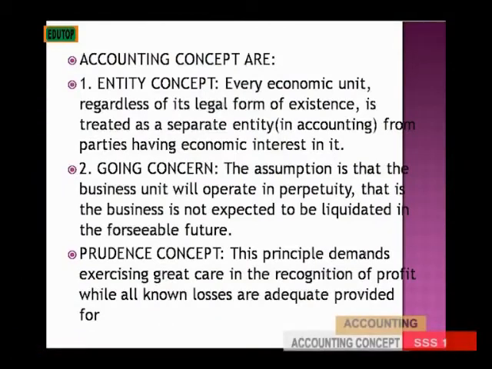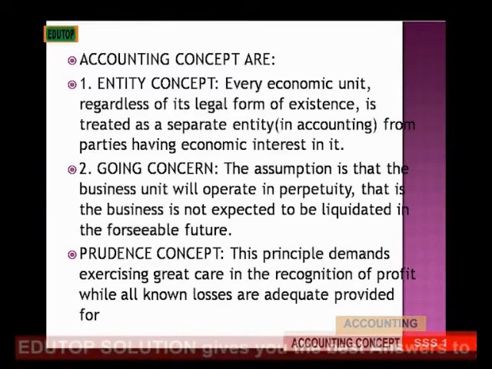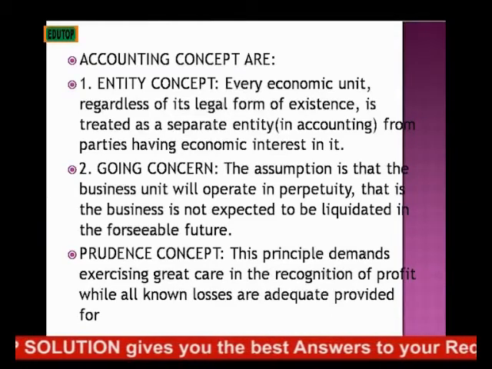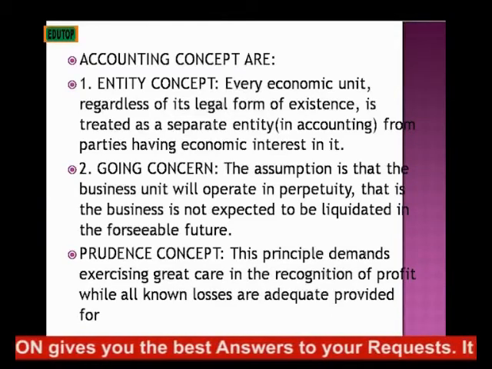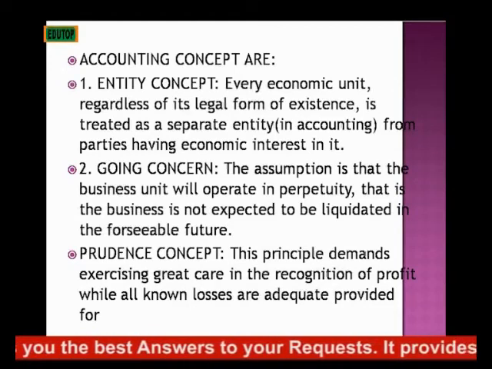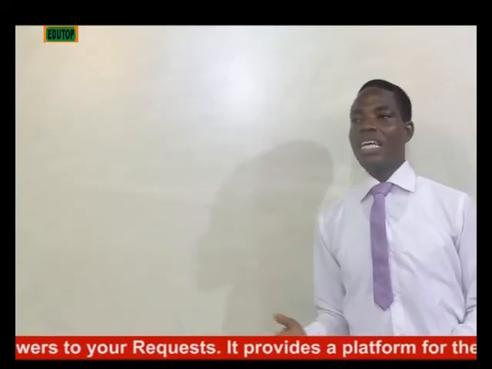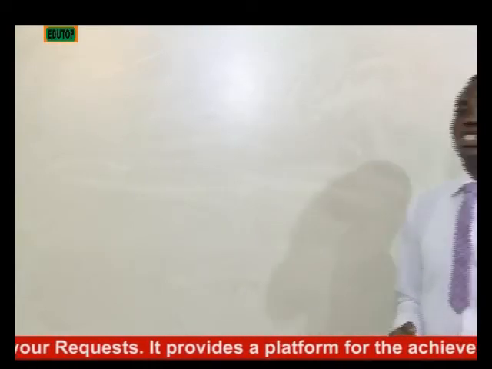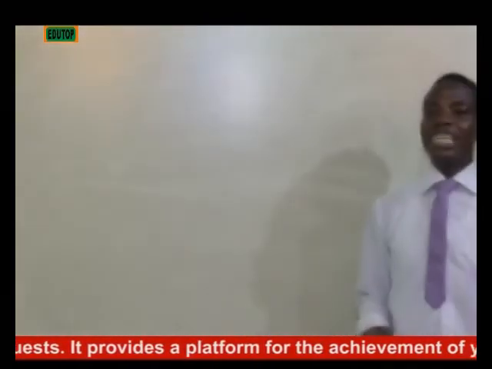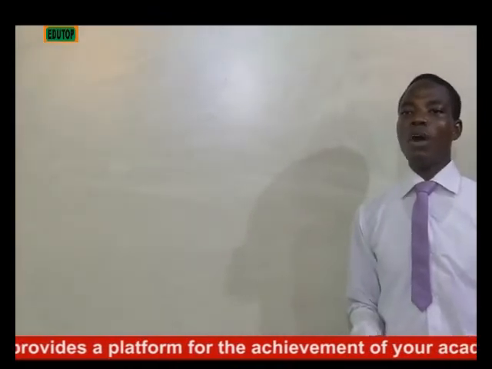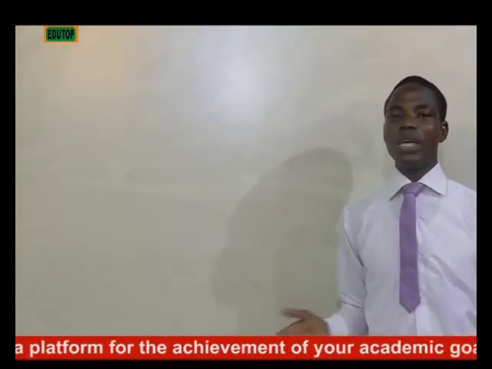Now, the second one is going concern. This assumption is that the business unit will operate in perpetuity. That is, the business is not expected to be liquidated in the foreseeable future. When a company is being established, there is an assumption that the company will not fold up in the foreseeable future.